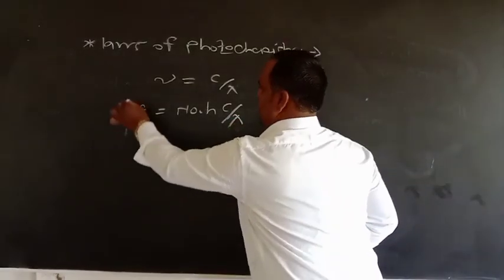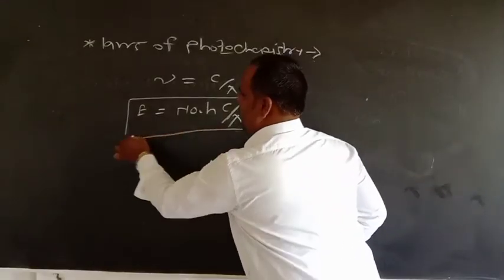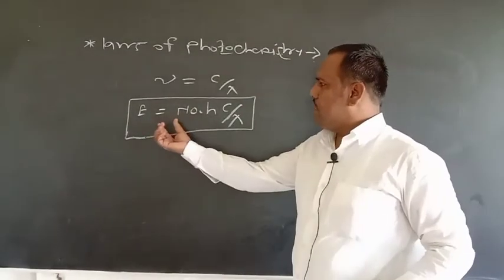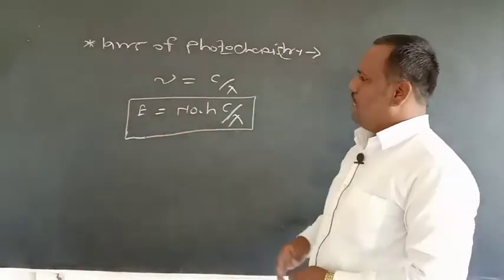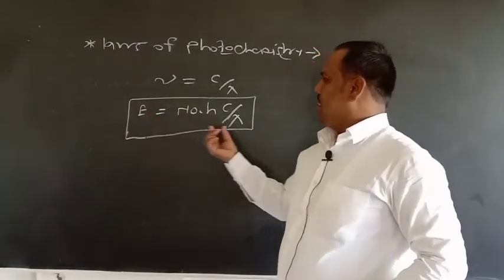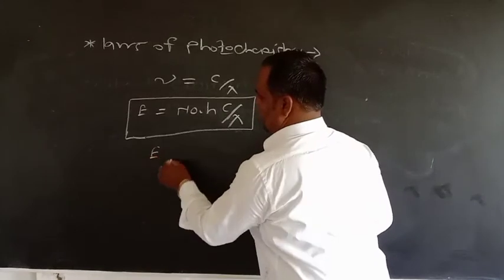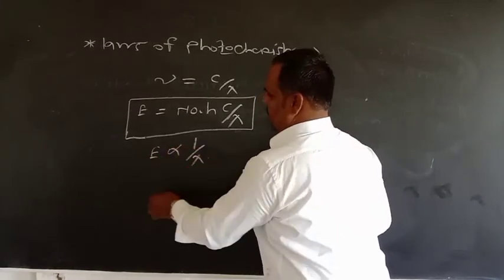This is the equation for 1 mole of any molecules. From this equation, energy and wavelength are inversely proportional.